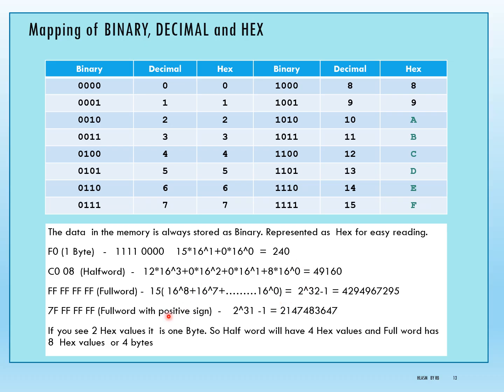We will work out in the next few slides what is the positive number and what is a negative number. But here it is 2 to the power of 31 minus 1, which is this value. If you see two hex values, it is 1 byte. So a half word will have 4 hex values and a full word will have 8 hex values, or 4 bytes. This is how we do the notation. Keep getting used to this notation because we will use it extensively.